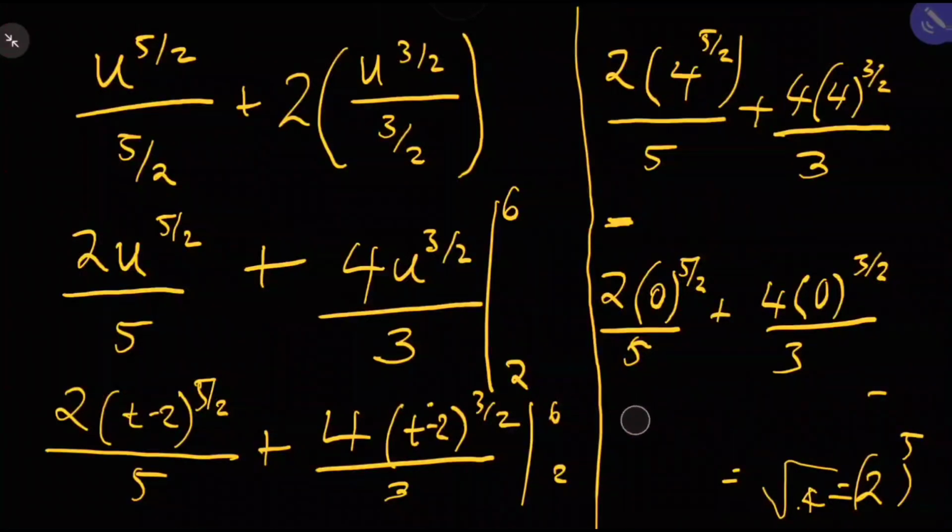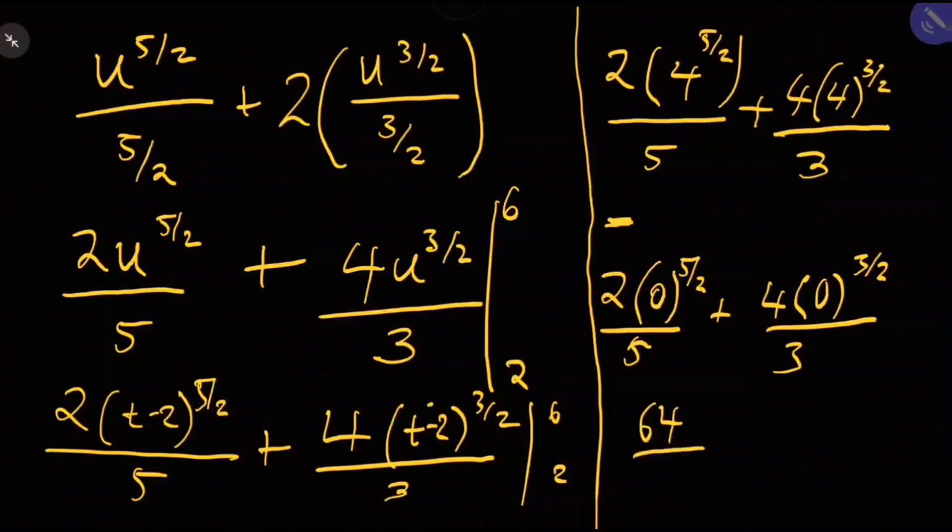Having said that, 4 raised to the power 5 over 2 gives us 2 raised to the power 5, that's 32, times 2, that's 64 over 5, plus 4 raised to the power 3 over 2, that's the square root of 4 raised to the power 3. So the square root of 4 is 2, 2 cubed is 8, 8 times 4 is 32, so 32 all over 3.